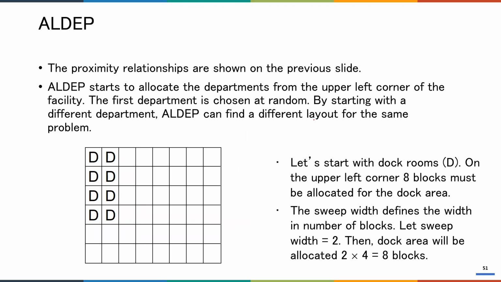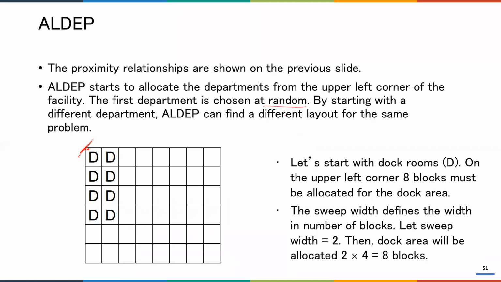The difference is in CORELAP, we know that we have to calculate the total closeness rating first to find the first department to be put in the middle, while in ALDEP, the placement starts from here, the upper left corner, and which department should be chosen is random.